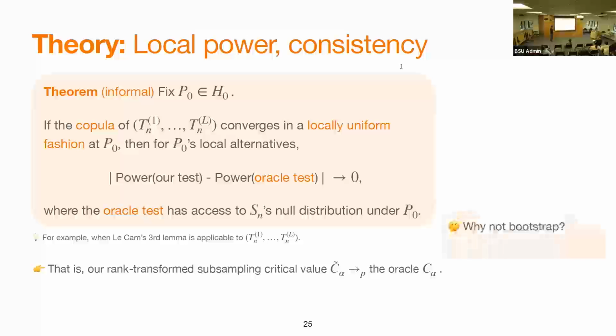Okay, so you might wonder why I don't use Bootstrap. I instead use subsampling. For Bootstrap, that would require extra regularity conditions, and I don't assume that. With subsampling, I can get away with irregularity.